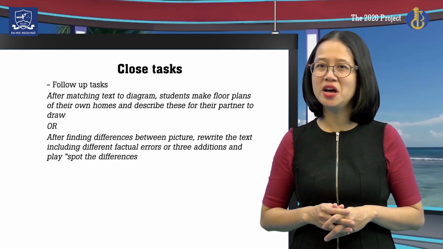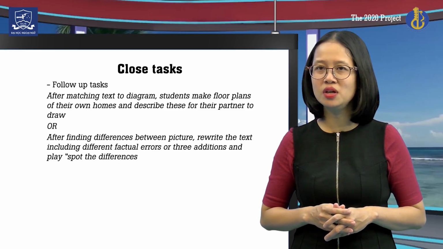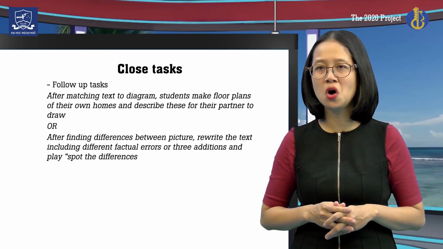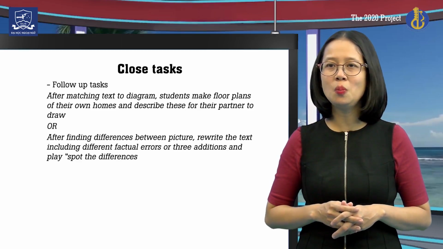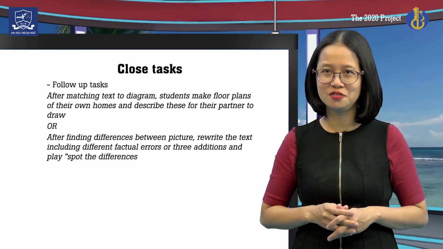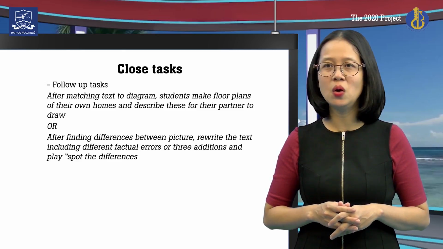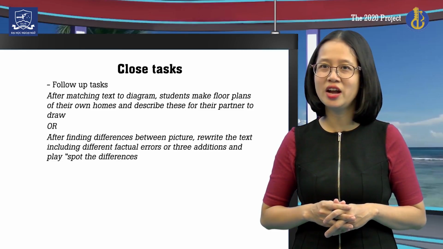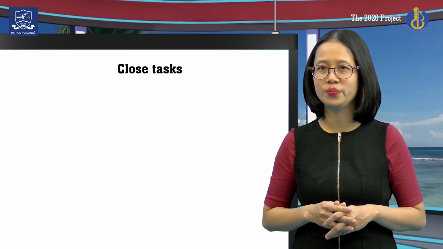Comparison tasks can be based on 2 quite similar texts or pictures, such as a classic example is spot the differences, or places or events that learners have experience of. Learners can also compare their own work with that of another learner or another pair or group.